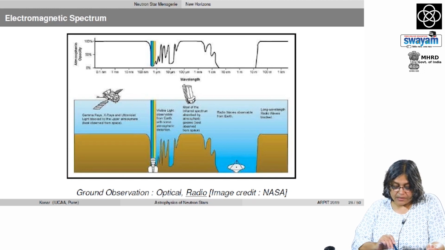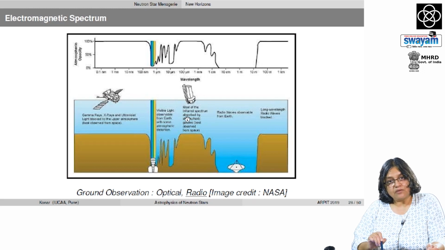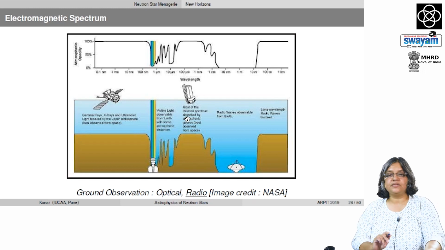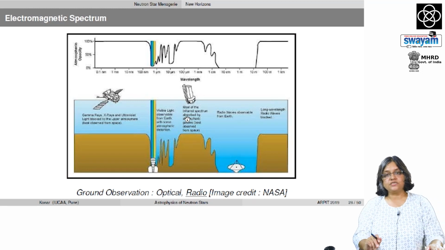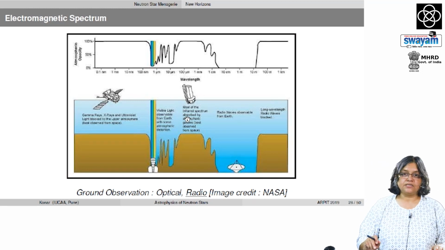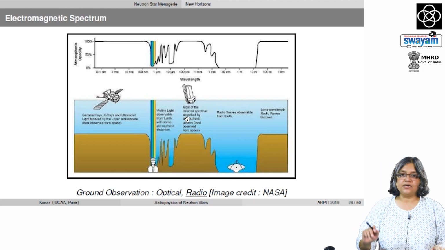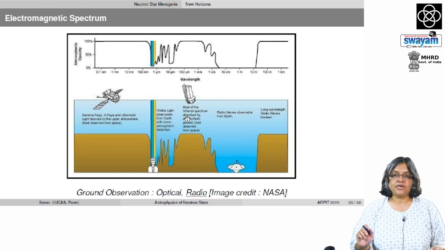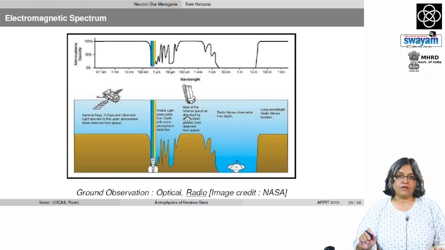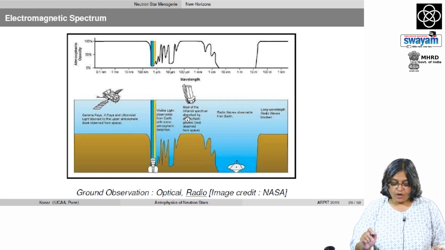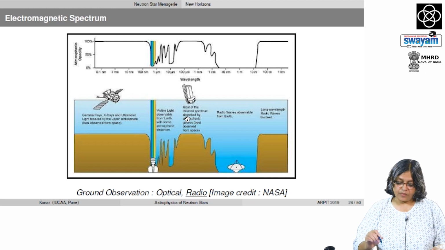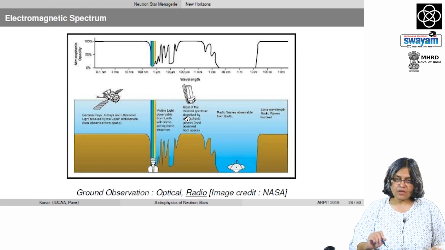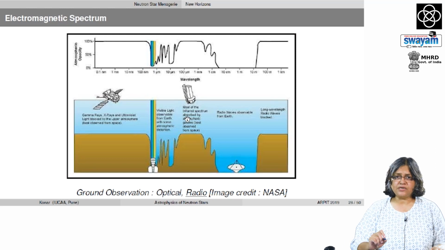Every other region of the electromagnetic spectrum is cut off by the atmosphere. The photons interact with the atmosphere and undergo certain processes, and they are not available to us for direct observation of various objects in the sky. For that, we have to depend on satellites, balloon borne experiments, and so on.